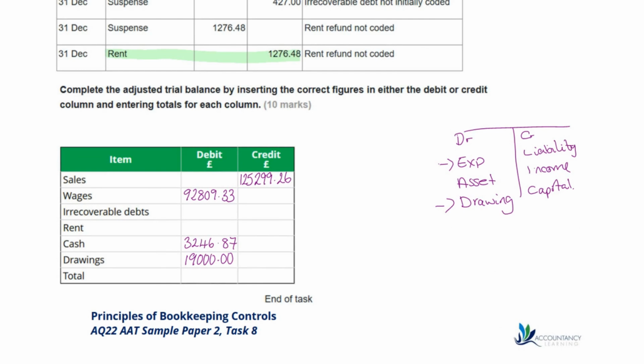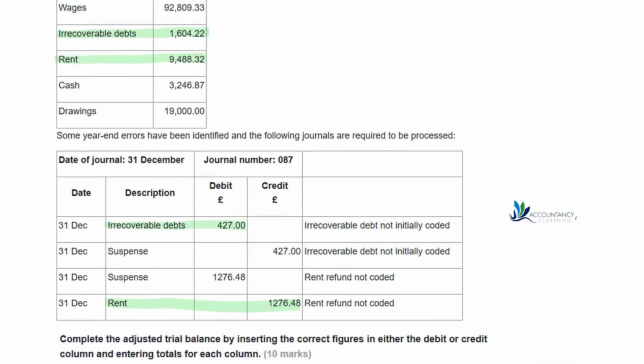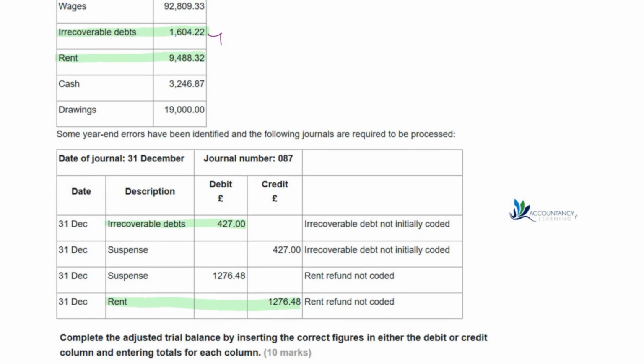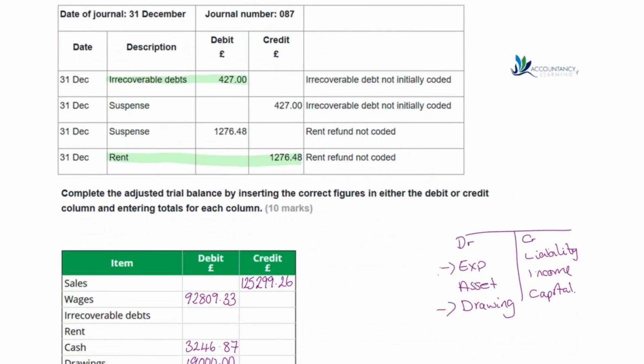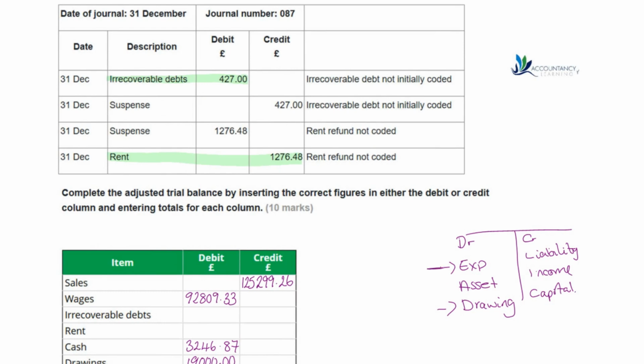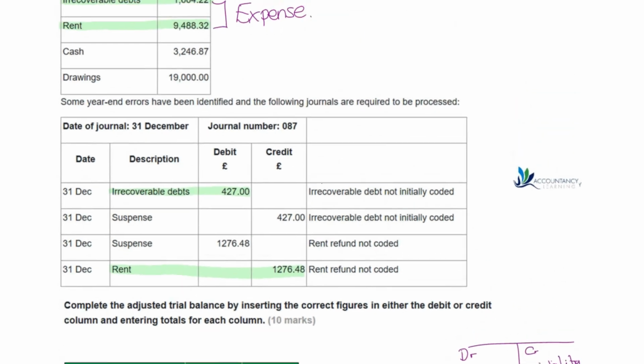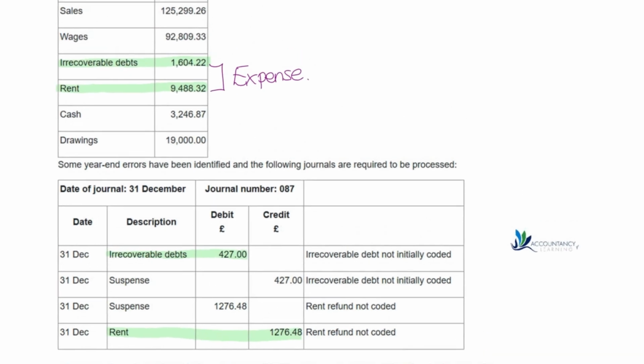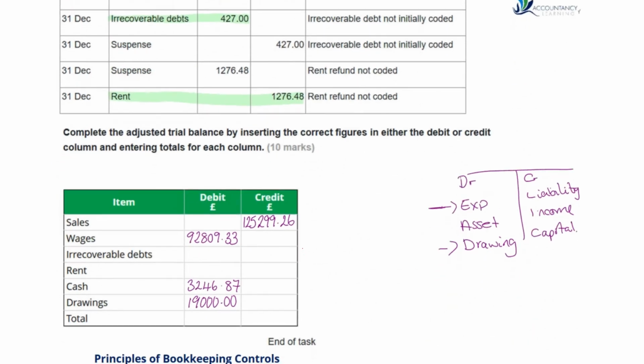So now let's come back to our irrecoverable debts and our rent. So these are both expense accounts. So our balance will sit on the debit side. So for our irrecoverable debts, first of all, I'm going to take the initial listing figure here, 1,604.22.